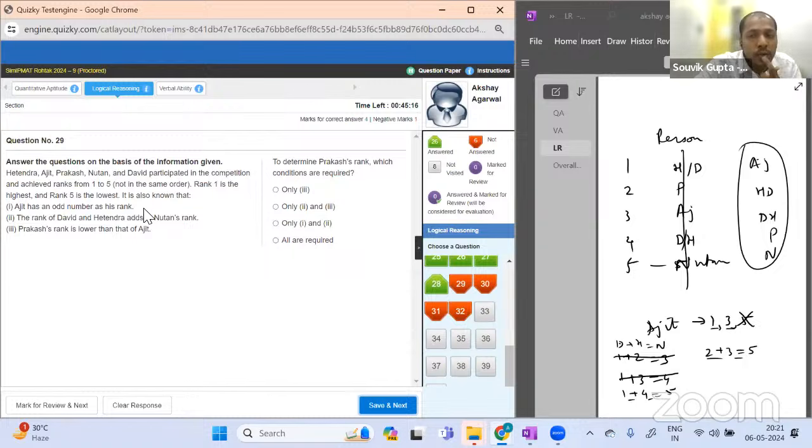The rank of David and Hitendra had to add up to Nutan, so that was also used. For Prakash's rank, I think all are required. What is Ajit's rank? Ajit's rank is rank 1. Who acquired the lowest rank? Repeat question.